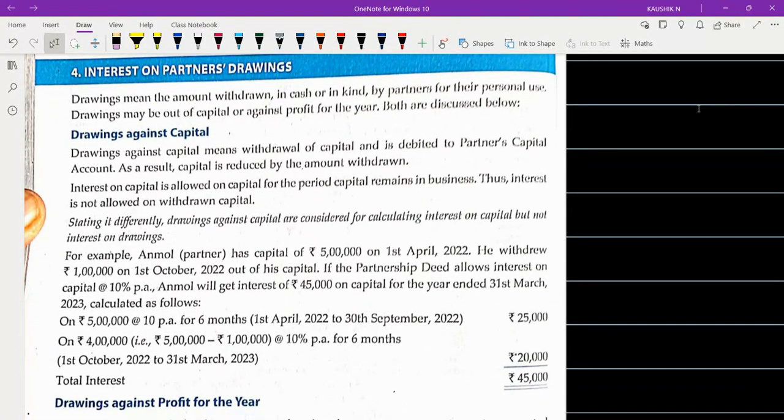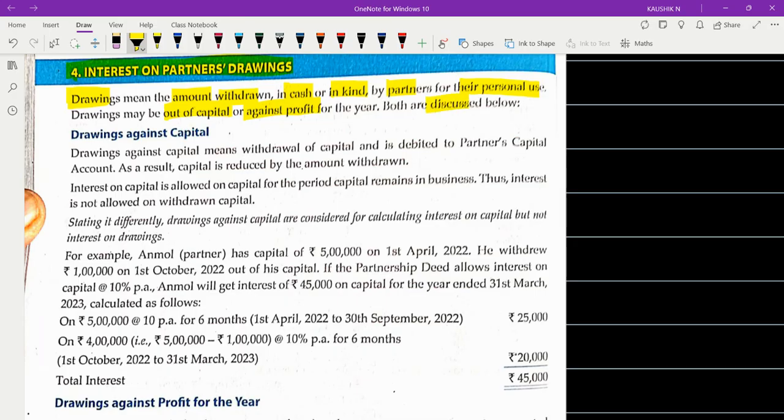Yes. So here we come to the concept of interest on partners' drawings. We are now going to deal with the concept called interest on partners' drawings. You know very well that drawings is nothing but the amount withdrawn, either in the form of cash or in the form of kind, by the partner for their personal use from the business. Drawings may be out of capital or against your profit for the year.